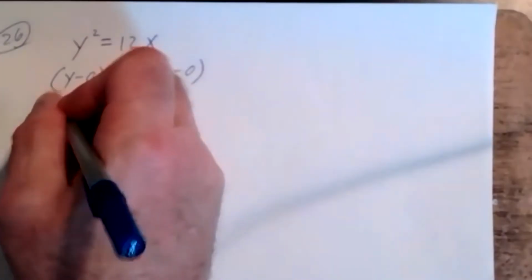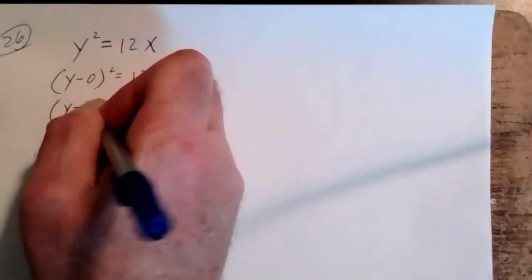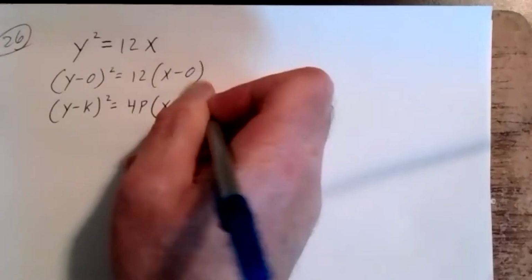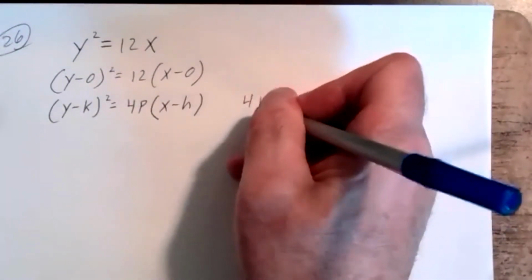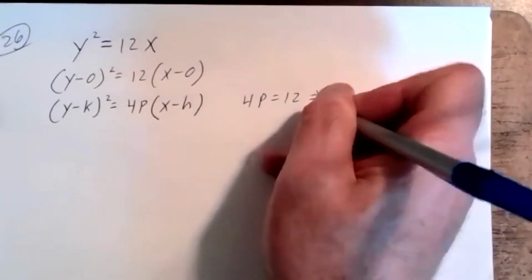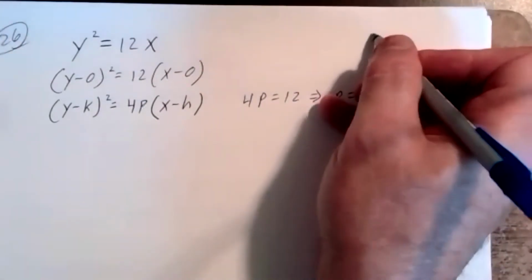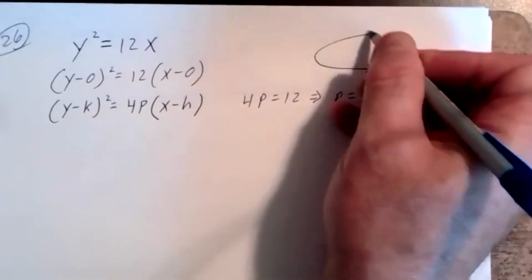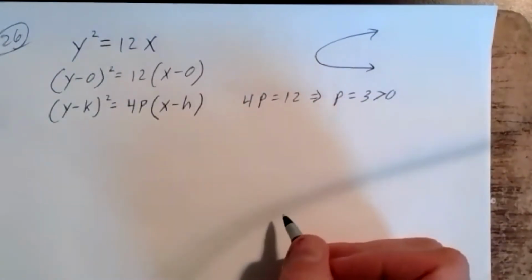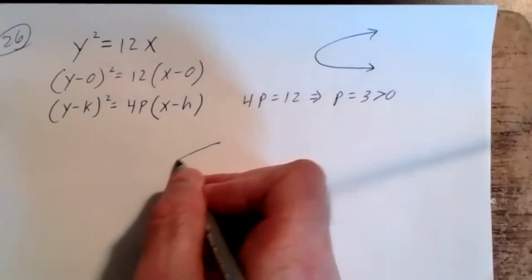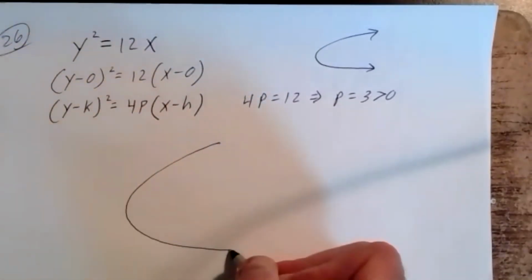This is now in standard form, y minus k squared is equal to 4p times x minus h, where 4p is equal to 12, which renders p equal to 3, which is greater than 0. So that means this parabola opens to the right. So we have a parabolic mirror in your headlight that opens to the right.